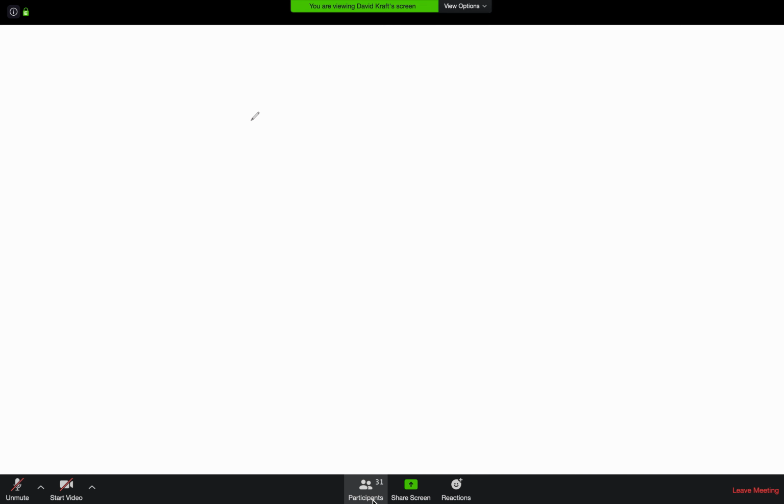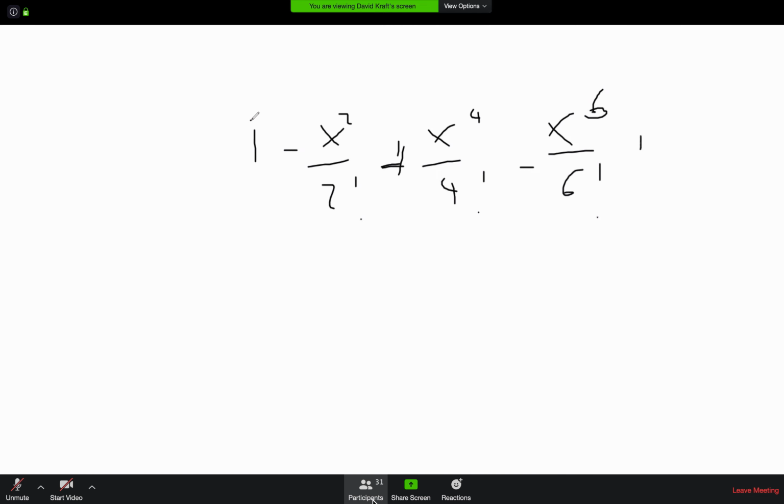It is 1 minus x squared over 2 factorial plus x to the power 4 over 4 factorial. I'm not really worried about the general term right now. The bottom line is this is what we're doing, right?